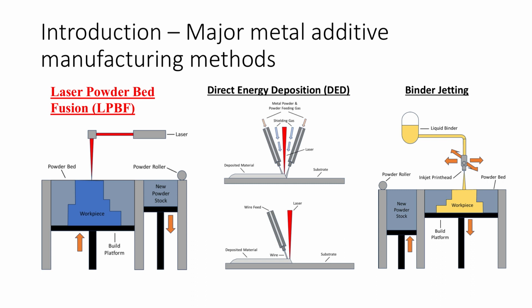Direct energy deposition method uses a system which is shown here or here. In this case, we are sending metal powder, and then with the laser, we are creating a bead, and we are creating the part as a bead.